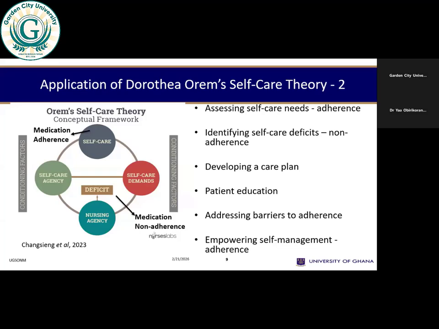If the patient cannot do it, then it becomes a deficit. And I realized that for this patient, there was medication non-adherence. So I needed to develop a care plan that would teach the patient, address the barriers to adherence, and empower self-management, that is, the patient being adherent to the medications the patient was on.